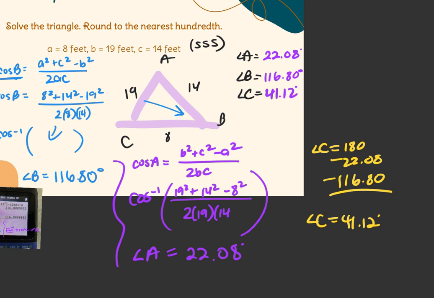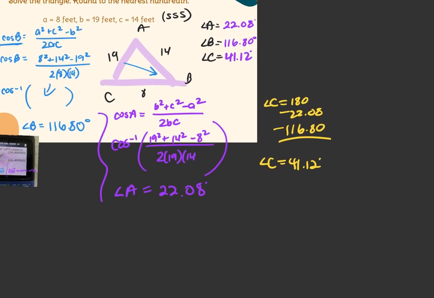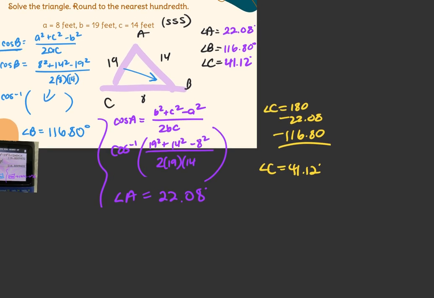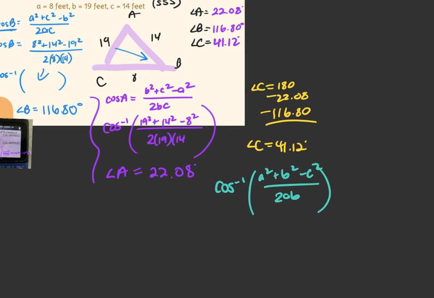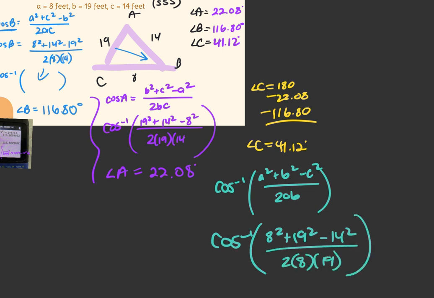Now let's say I had an extra minute or even 2 minutes. Then I can also check angle C by doing cosine -1. C would be A squared plus B squared minus C squared over 2AB. So if I did cosine -1 of 8 squared plus 19 squared minus 14 squared over 2 times 8 times 19, I should end up with the same answer.